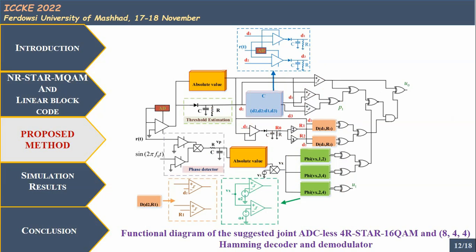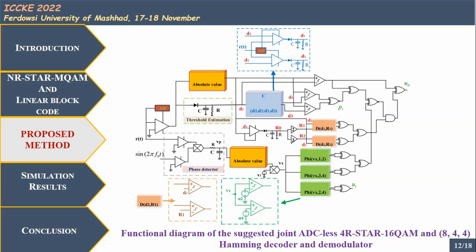The absolute value circuit is utilized to compare the estimated amplitude threshold with the amplitude of the received signal. To realize this, pulse conversion from input sine waves is required, which is done using amplitude tracking and an op-amp.